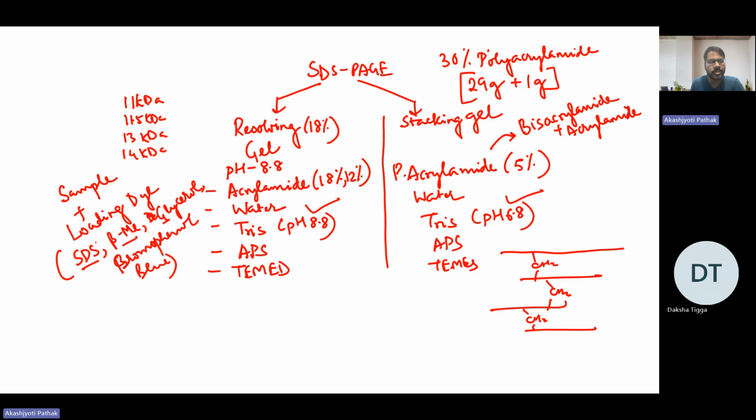Your loading dye also has SDS, and the gel that you prepare also has SDS. So your SDS is playing a vital role. Why? Because it is linearizing the protein first, and second, it is providing a uniform charge to all your protein samples. So all the different proteins present in your sample will have a uniform charge to mass ratio.